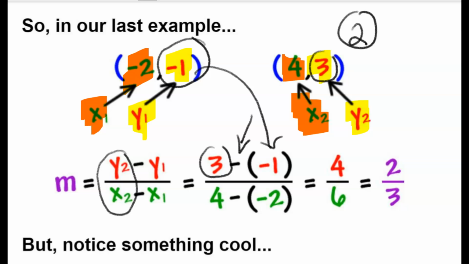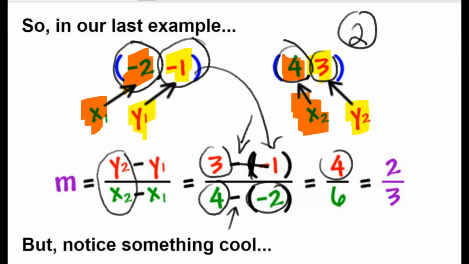Then you take your second point's x and subtract your first x. 3 minus negative 1 is 3 plus 1, and 4 minus negative 2 is the same as 4 plus 2. And then you simplify.